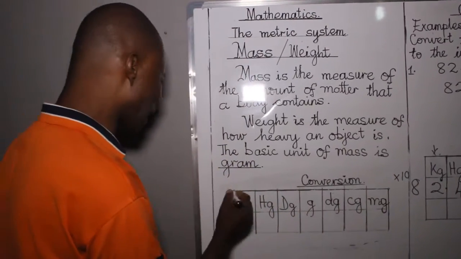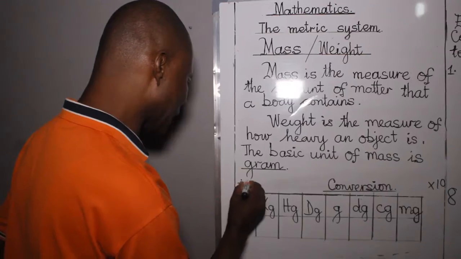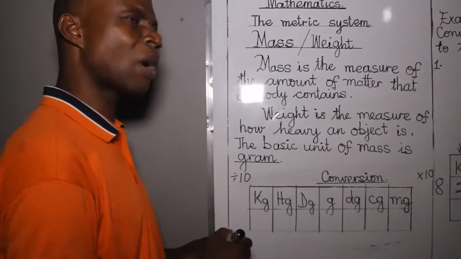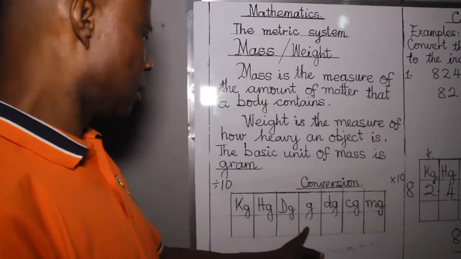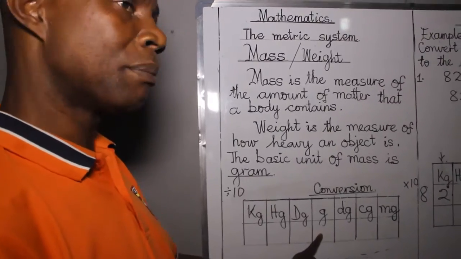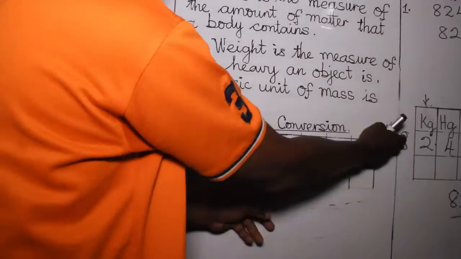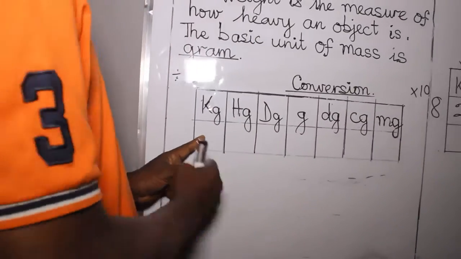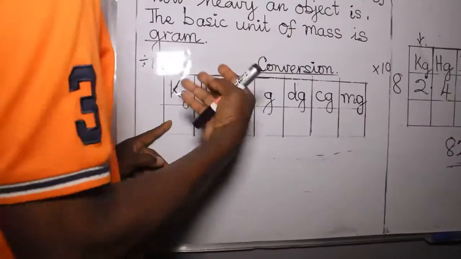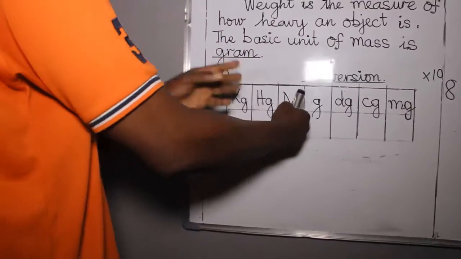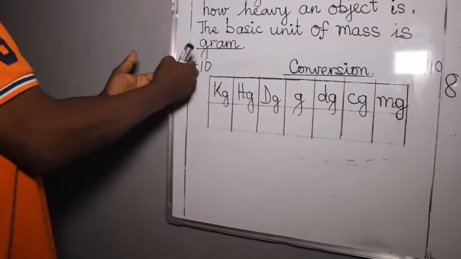When you are going to your far left, divided by 10. What do I mean by that? The basic unit here is gram. So if I'm leaving from here down to my far right, I multiply by 10. If the unit I'm asked to convert to is to the far right, you multiply. If it is to the far left from this side, you divide.